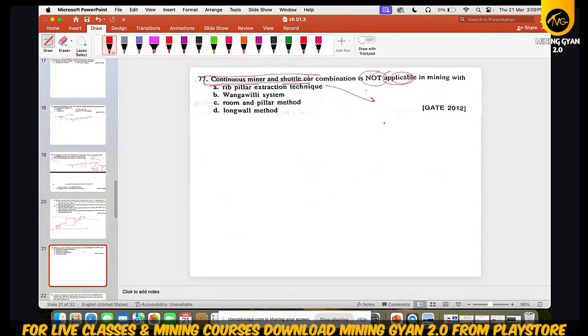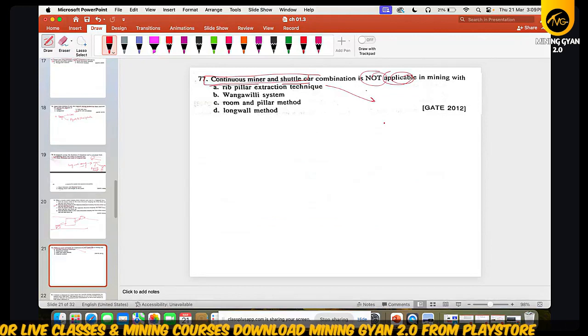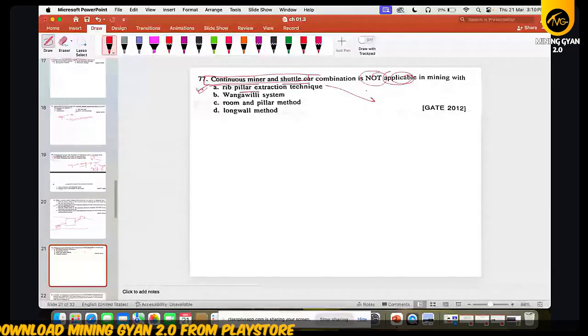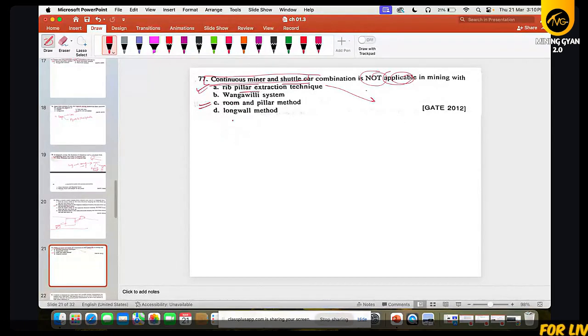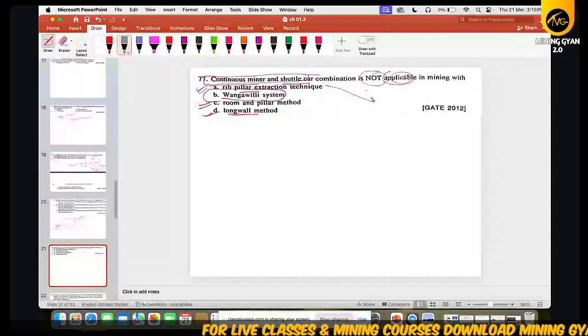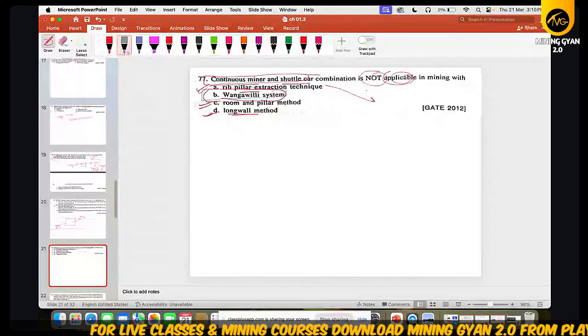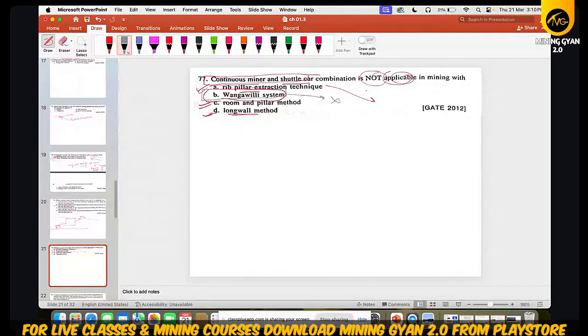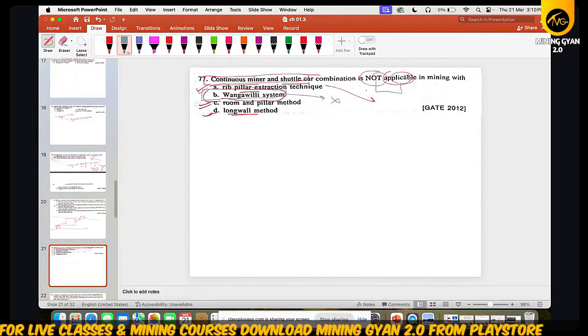He is asking where we can use continuous miner and shuttle car. We know that in rib and pillar extraction we do, okay. And for room and pillar we also do, we can use continuous miner and shuttle car. Longwall mining we can do, but for the Vanga Valley system, we will not use the continuous miner and shuttle car. So he has asked what is not applicable, then the answer will be B, Vanga Valley system.